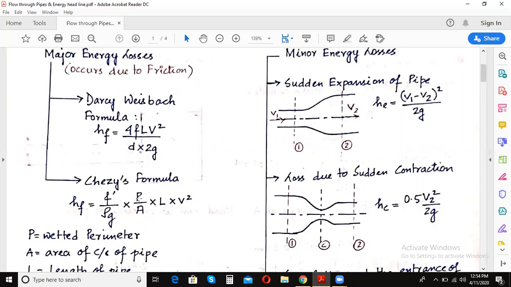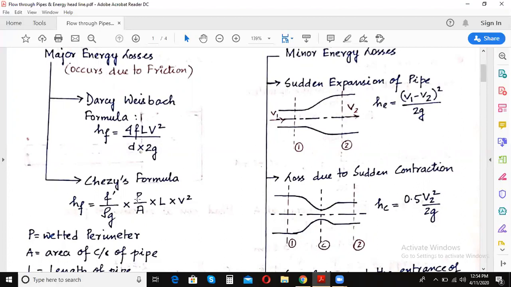See students, today we are discussing the loss of head or energy losses inside a pipe through which a fluid is flowing. Okay. So what is our wetted perimeter? Wetted perimeter is the total inside perimeter of the pipe along which the flow is taking place, right? It is the perimeter of the pipe along which the flow of fluid is taking place.